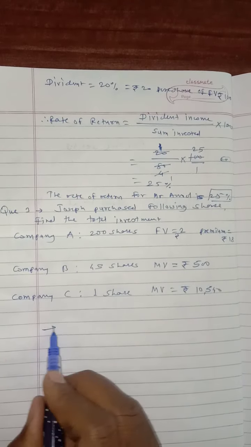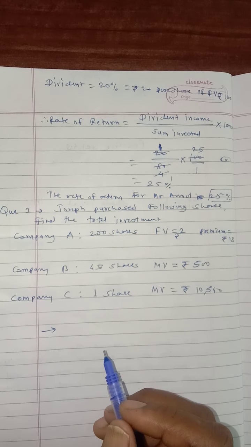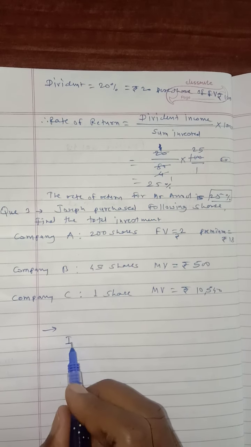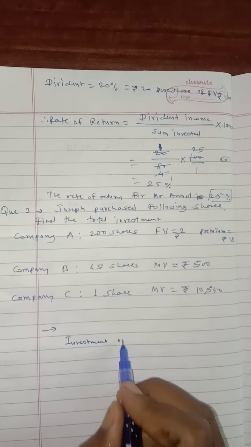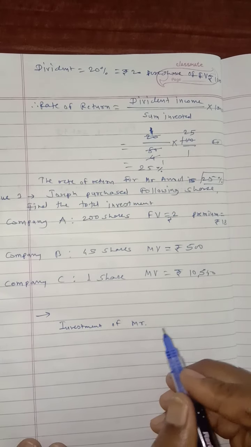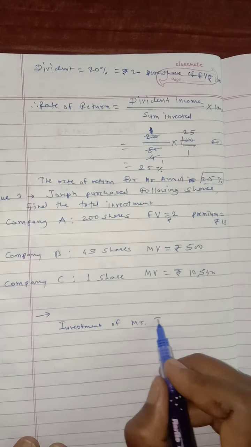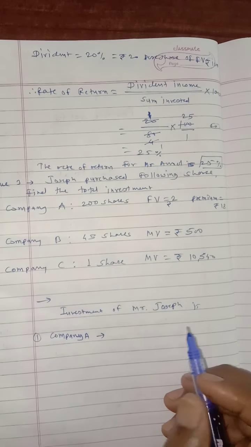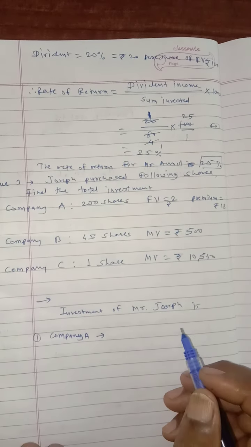In the third example, Joseph purchased the following shares. Find the total investment for companies A, B and C. Investment of Mr. Joseph: first, company A, number of shares is equal to 100.